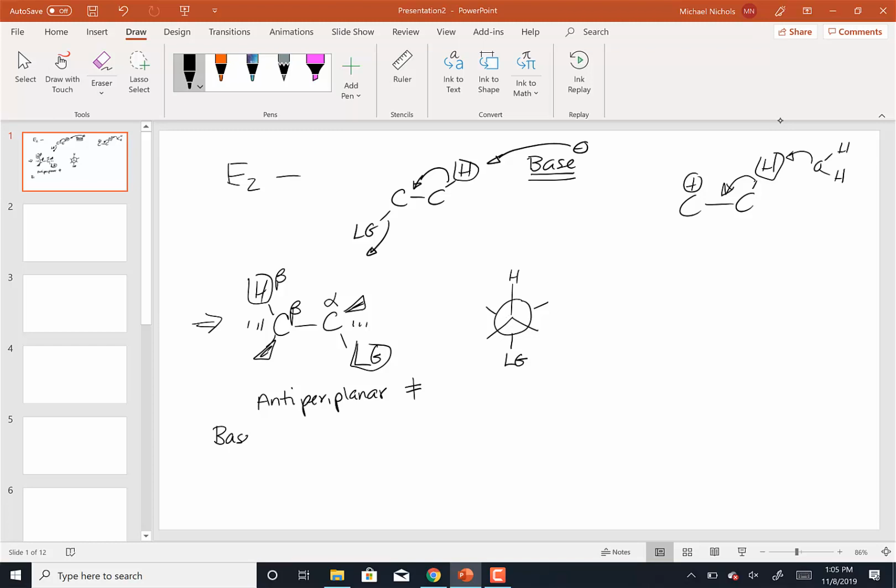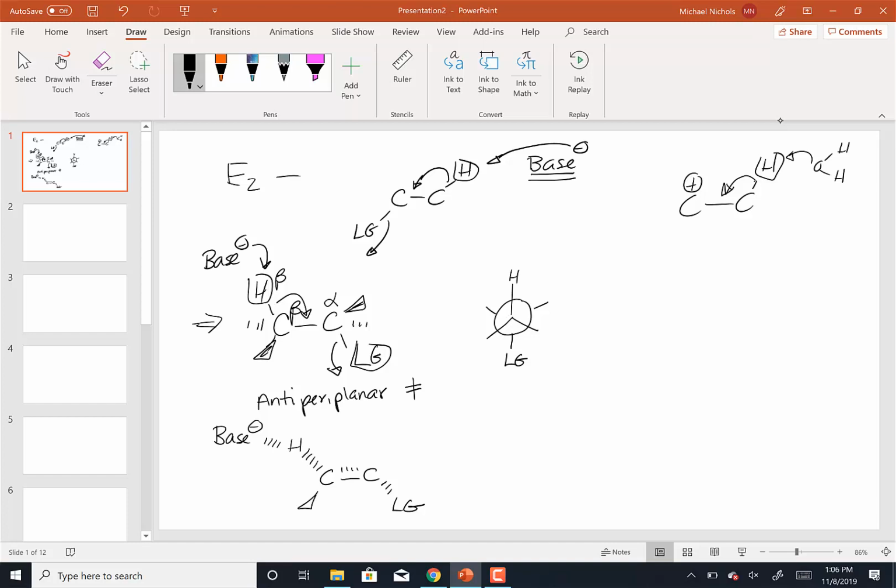I have my generic base minus coming in, grabbing hydrogen, pair of electrons moving, leaving group grabbing its pair of electrons and leaving. So this would be the first step in the E2 reaction. Then the transition state would have the base partially bonded to the hydrogen, partially on its way out, and then a partial double bond forming, and then a partial bond to the leaving group.